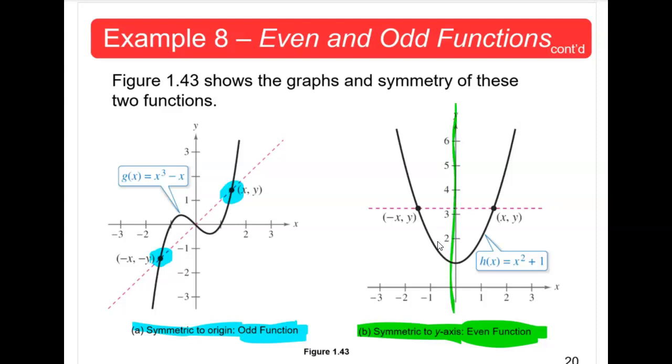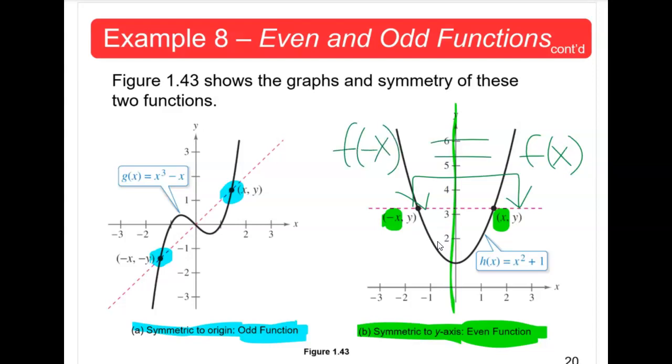You can see how positive x goes to negative x, but we get the same y value. In other words, f of x is the same as f of negative x. They're the same, so that's why we say that the function is even.